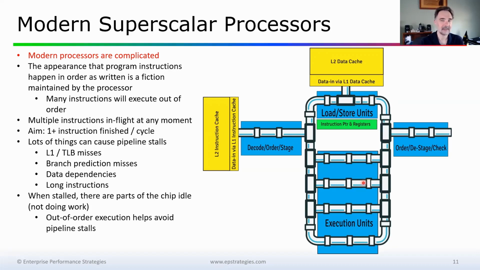But there's lots of things that can cause that. And when stalled, there are parts of the chip that are idle, they're basically not doing work. And the whole idea of out of order execution is that it helps avoid that pipeline stall, right? So you may have an instruction sitting here that's waiting on an instruction load up here, but you may have other instructions down here that may still be executing, not immediately dependent upon this data.